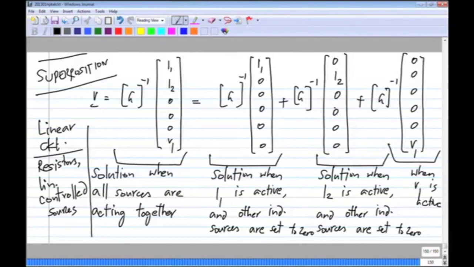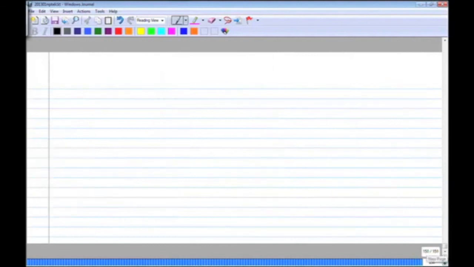Now let's take a numerical example also to illustrate the substitution theorem and to get a bit of practice with circuit analysis.